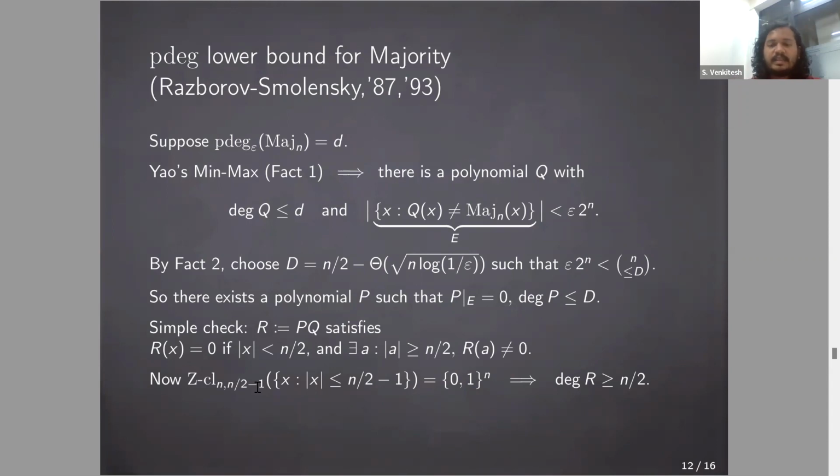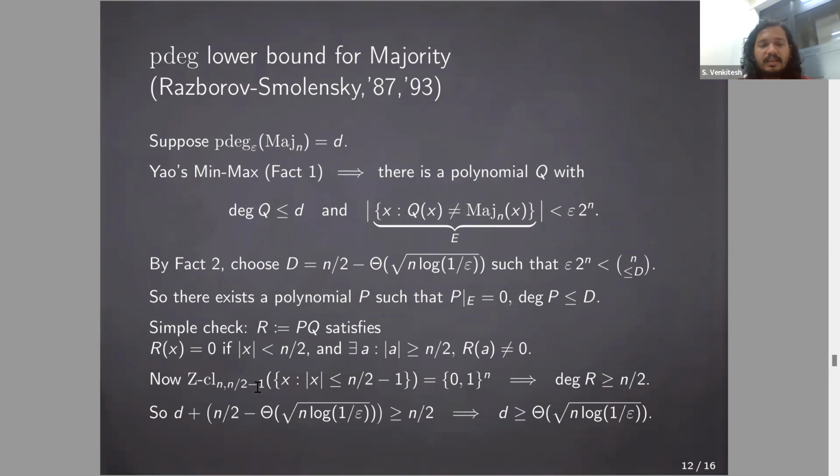So the degree of R is at least n by 2, but the degree of R is the degree of P plus the degree of Q, right? So little d plus n by 2 minus theta square root n log 1 over epsilon should be at least n by 2, and therefore d is at least square root n log 1 over epsilon. So that's the proof for the lower bound.